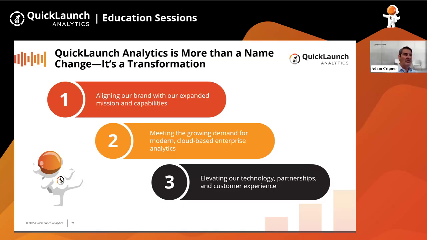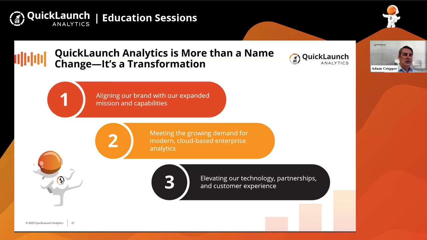And we had this product called QuickLaunch, and talking to customers, some customers refer to us as Preferred Strategies, some refer to us as QuickLaunch and QuickLaunch Analytics. So let's just go with the product, but really focus on why. I think the answer is that QuickLaunch Analytics aligns with where we're headed as an organization and where our customers are headed.